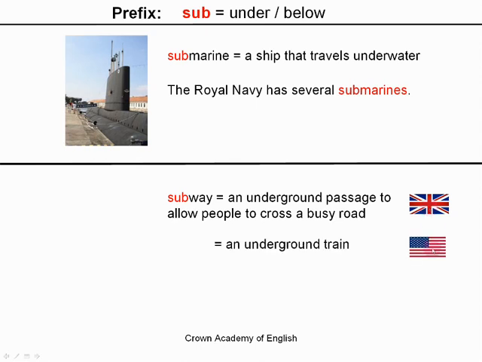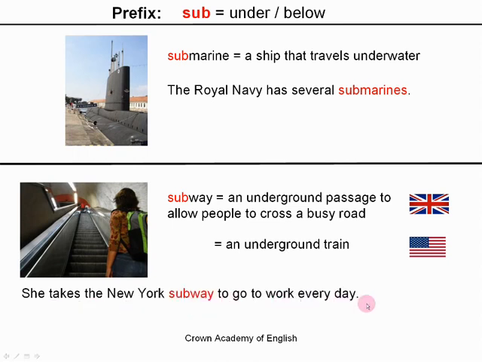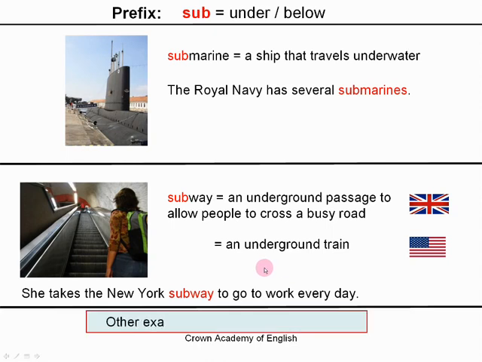And in American English, subway is in fact an underground train service. She takes the New York subway to go to work every day. Other examples: to submerge and substandard.